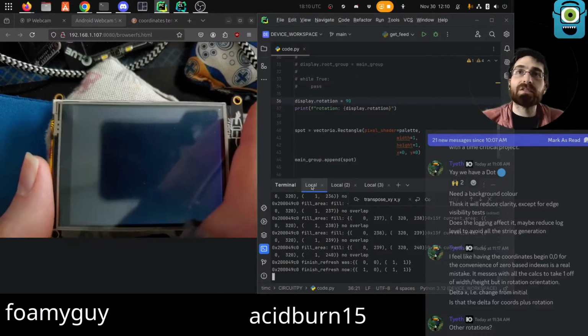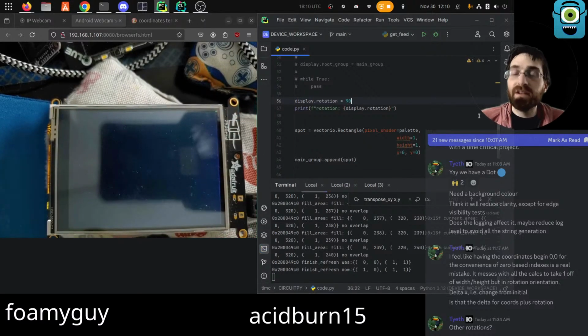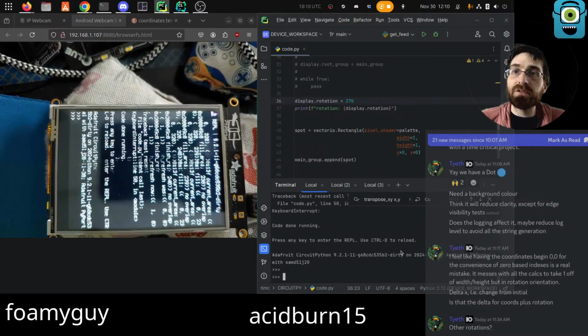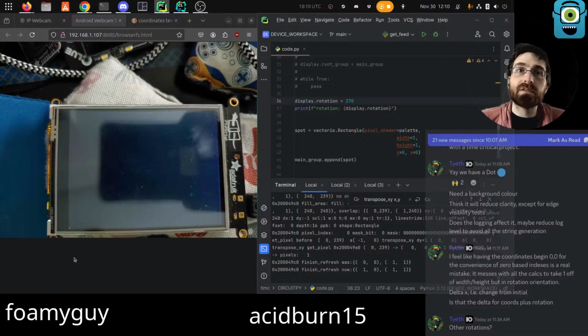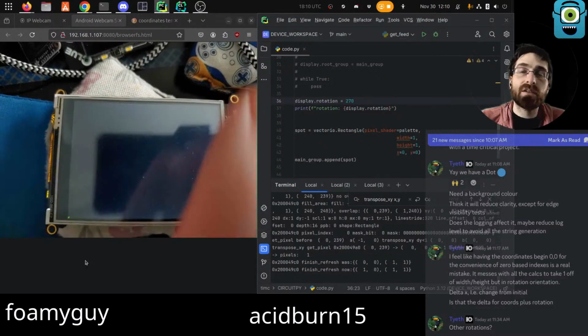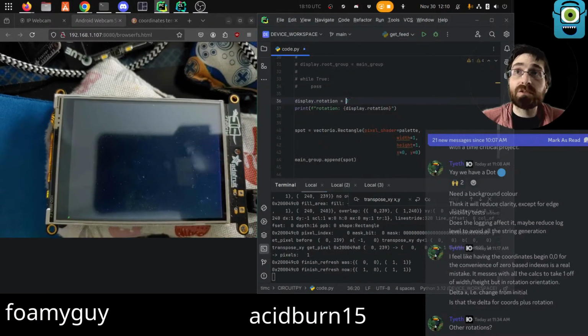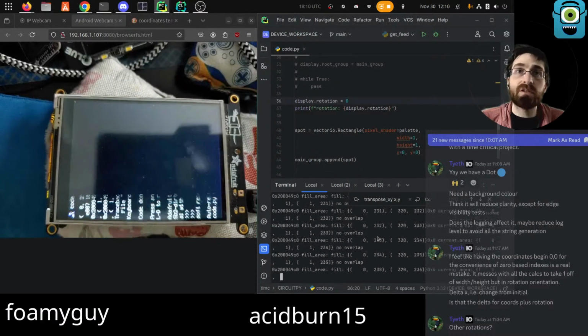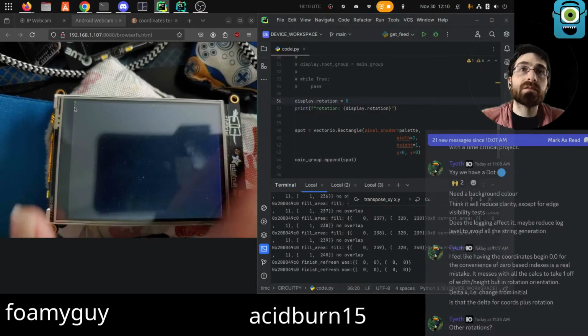Could not see that at first, and I was like, oh my gosh, please. 90 and 270 both work. I'm going to double check that 0 still works. 0 is down there. 0 shouldn't be broken because dx and dy should be false or whatever. It shouldn't have changed the logic for 0.